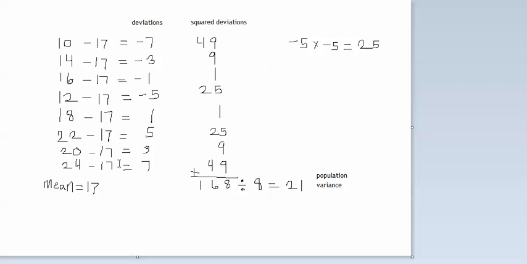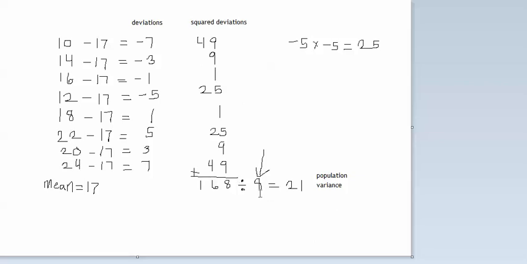If our data was from a sample and not from a whole population, we would actually do something with this number right here that we're dividing by. We would drop it down by 1. So if this was a sample of 8 people from a bigger population, we wouldn't divide by 8.